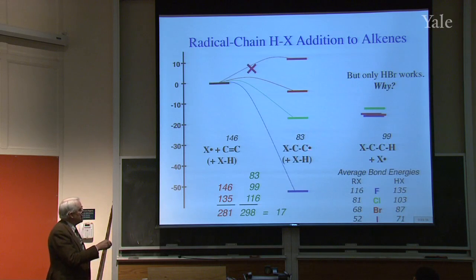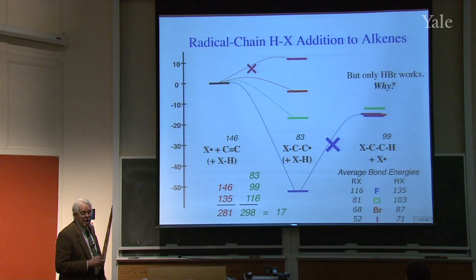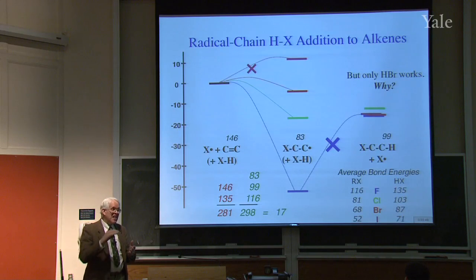Because having this intermediate, we now have to go here by abstracting the XH bond. And the XH bond we have to break in the case of fluorine is fabulously strong, 135 kilocalories per mole. So that reaction is going to be way endothermic, and it'll be very slow. So the cyclic mechanism will cough on the second step for that one, right?